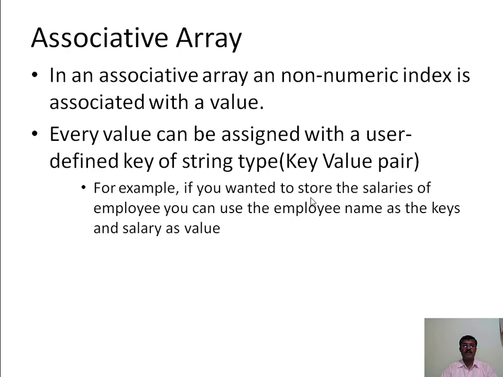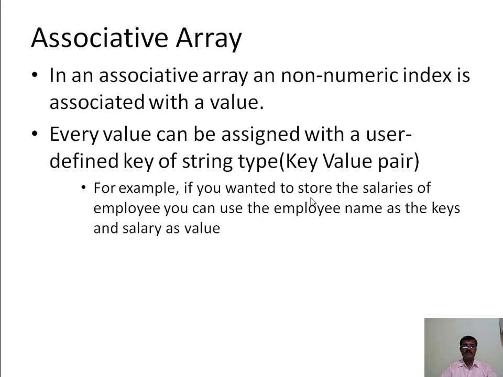Associative array. In associative array, a non-numeric index is associated with a value. So associative arrays have strings as the keys and behave more like two column tables. The first column is a key which is used to access the value of an array.